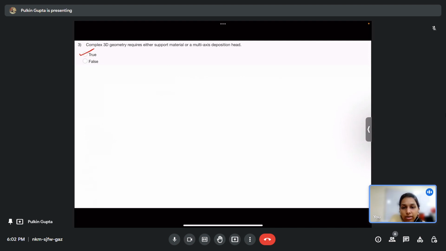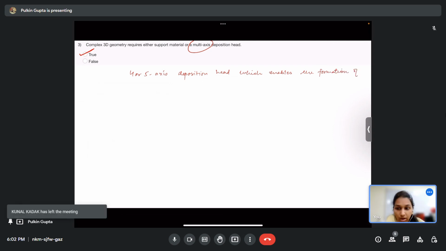So either they require support material or a multi-axis deposition head, a 4 or 5 axis deposition head, which enables the formation of complex free-form surface objects. Alright.